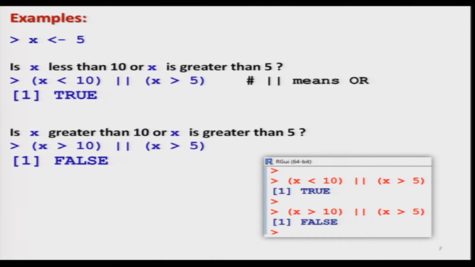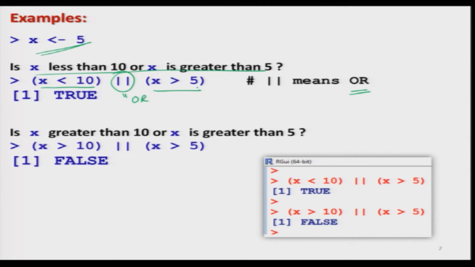And similarly, if you take some more examples, this symbol, two vertical lines, indicates the OR operator. OR means either this is true or that is true. So if you write x equal to 5, and then I check two conditions, that is x less than 10 or x greater than 5. So I write x less than 10 and two vertical lines, which are OR, x greater than 5.